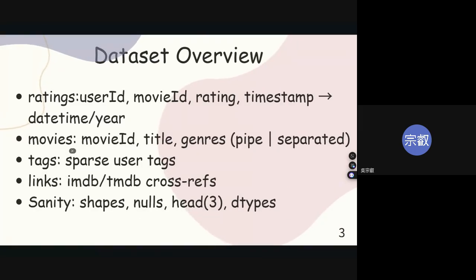We work with 4 files. Ratings contains user ID, movie ID, rating, and a unique timestamp. We also derive date, time, and year for time-based analysis. Movies provides movie ID, title, and a pipe-separated genres field.